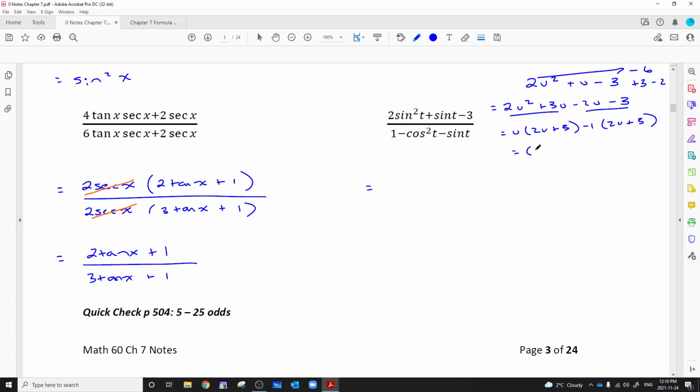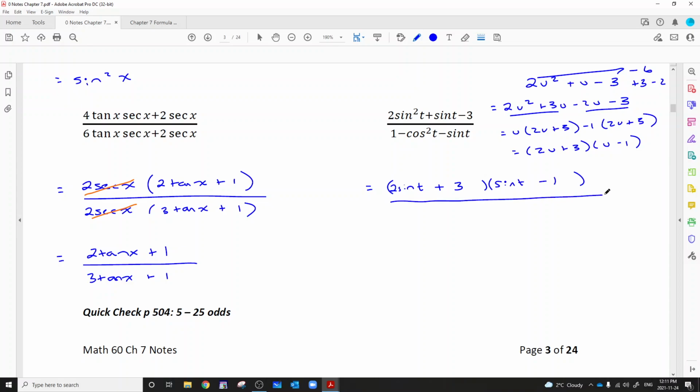My greatest common factor is now 2u plus 3, and I'm left with u minus 1. Now, when I write this back into my fraction, I'm going to replace the u's with signs. So this would be 2 sine t plus 3, and then the second bracket would be sine t minus 1.